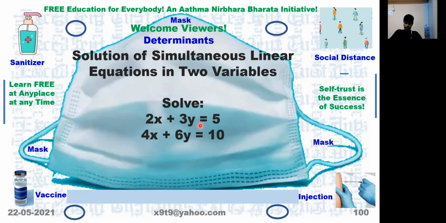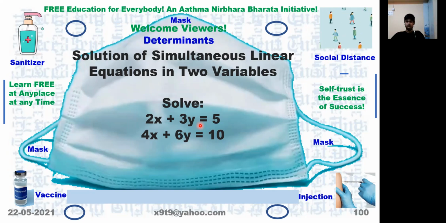So this one, we call it two equations, each one is a straight line because it is a linear equation. Both of them represent straight lines only, and those straight lines will coincide because it will be one and the same line.